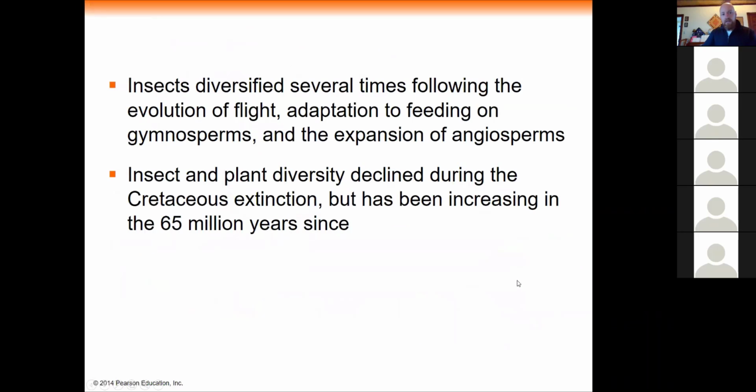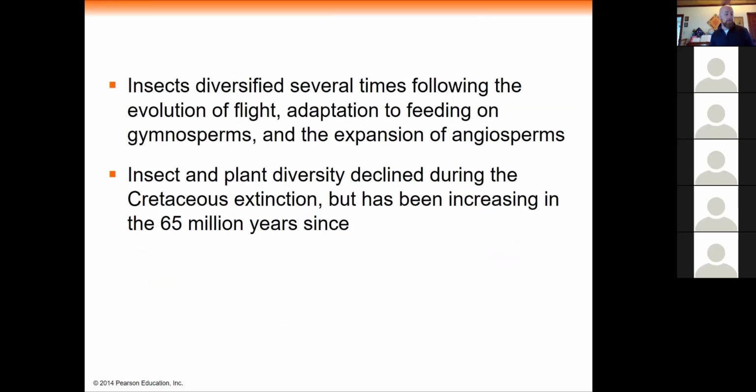So why are insects so important? I think this is an essay question on the study guide. Insects have actually had several periods of huge diversification since they came out onto land. The first major adaptation was feeding on gymnosperms.